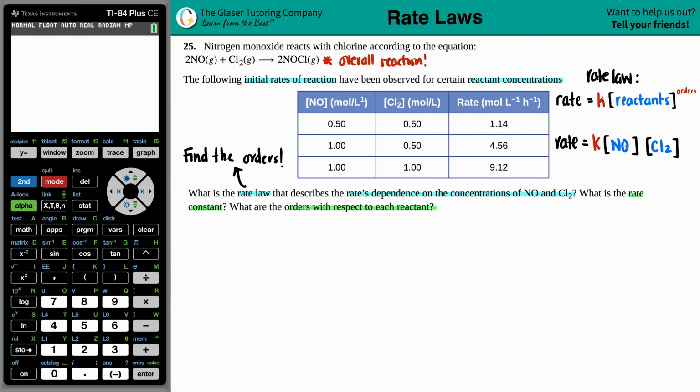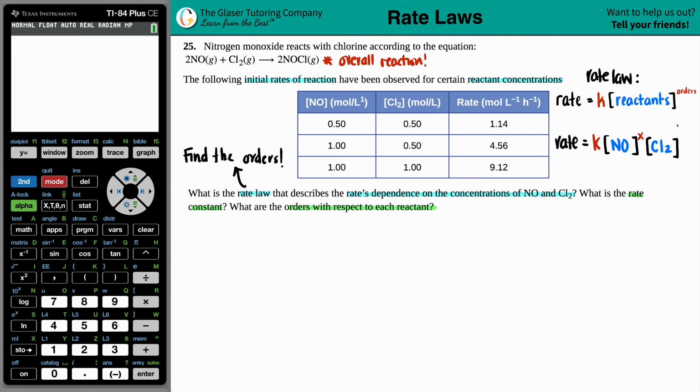So I don't know them now, so I'm just going to label them with variables. Let's start off with X. So NO would be raised to the X. But now for Cl2, if I label this as X, that means these 2 would be the same order. I don't know that. One could be 2, one could be 1.